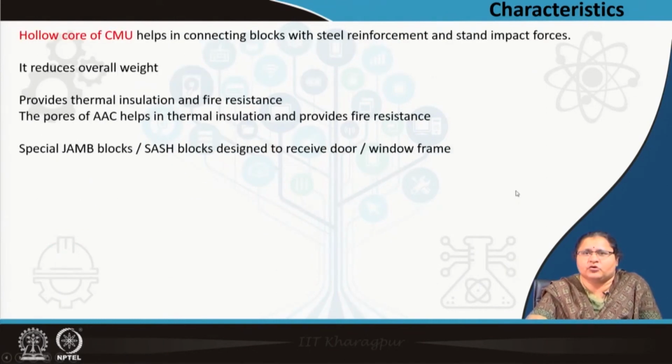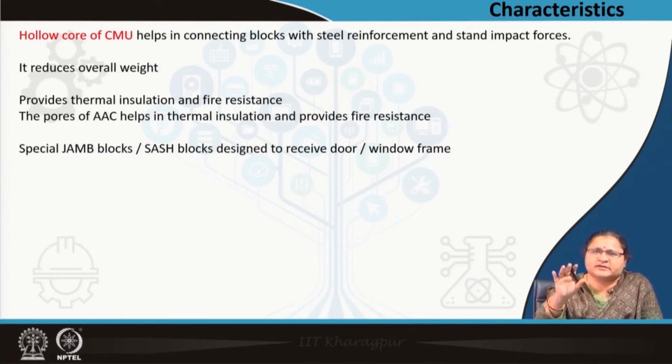The hollow core of the CMU can be connected by reinforcement rod to keep it in position, and it can even face impact load. As I told you, hollow blocks are not taking the load, but they may experience some lateral impact force. So, you can actually connect the hollow blocks through reinforcement bar.